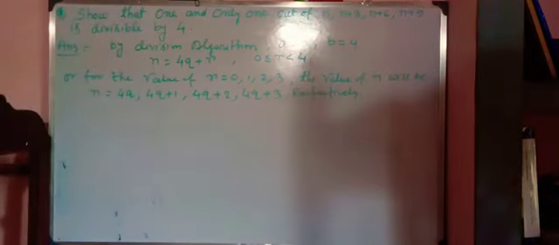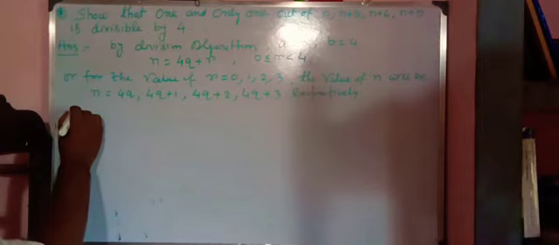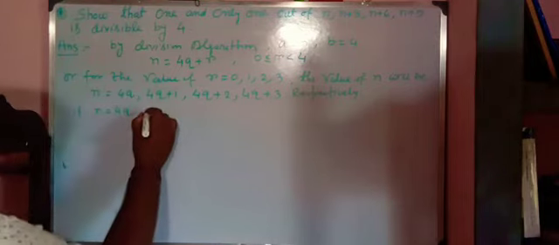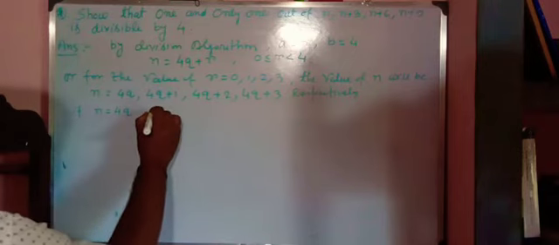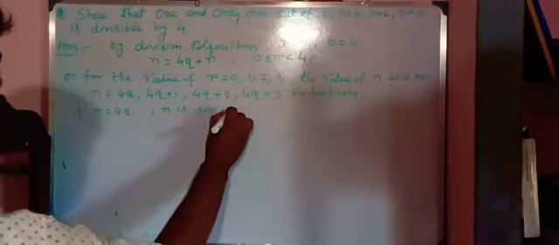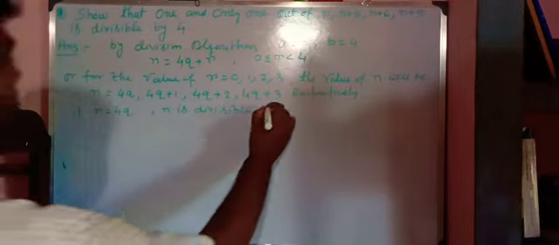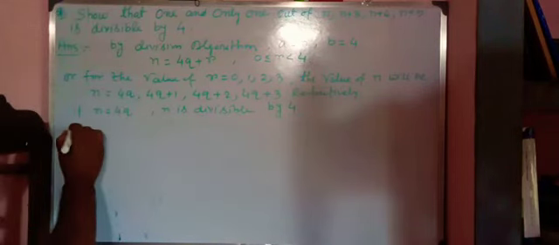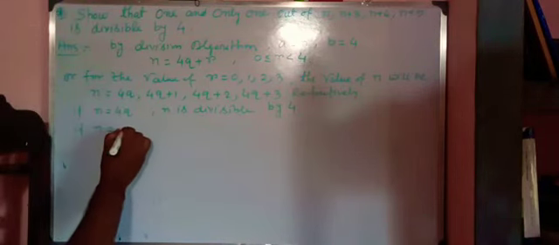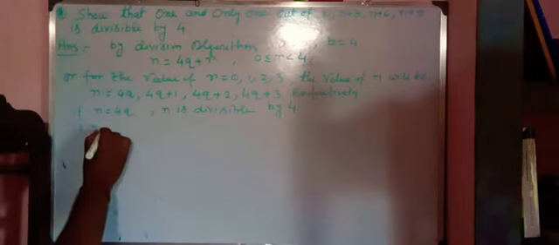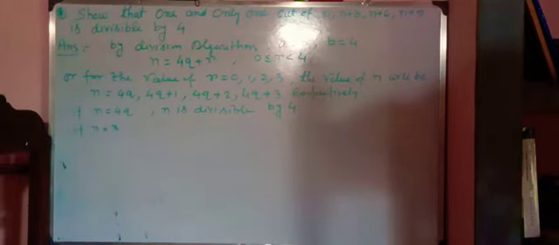Now if n is equal to 4q, then n is divisible by 4.